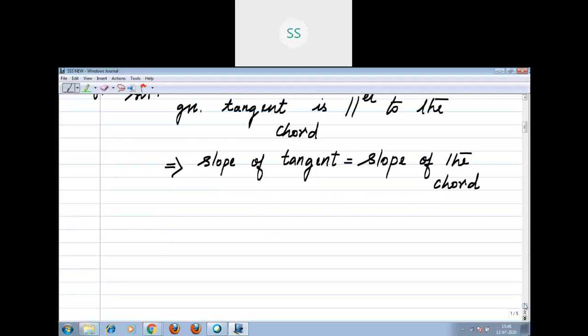Two points are given: (2, 0) and (4, 4). Using that, first you should find the slope of the chord.